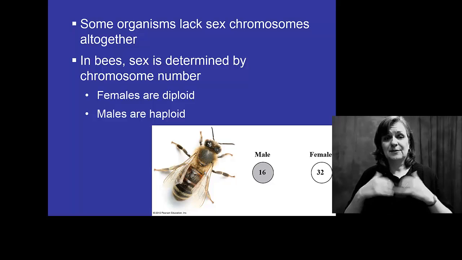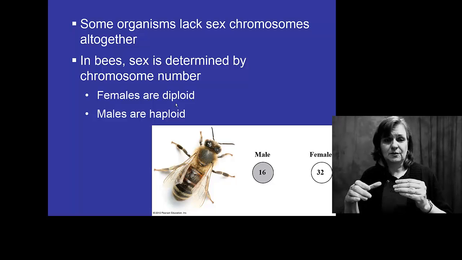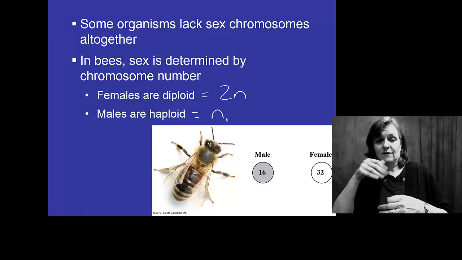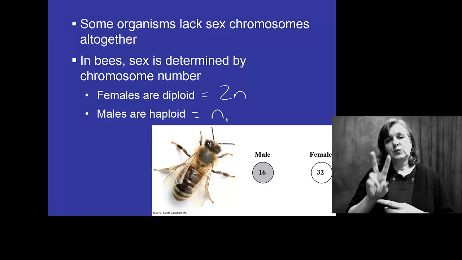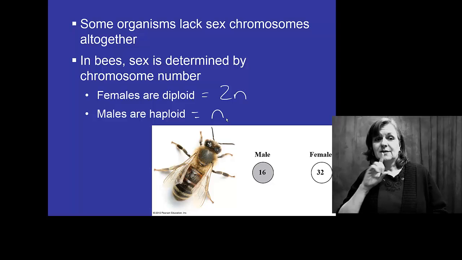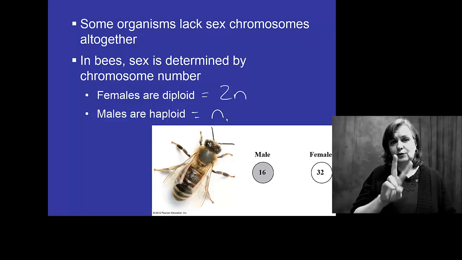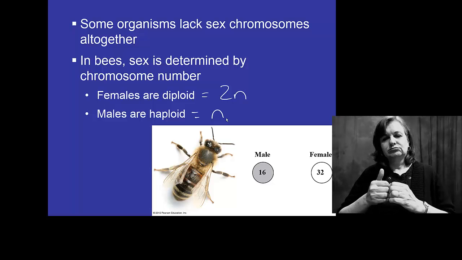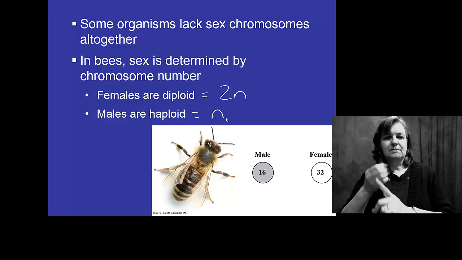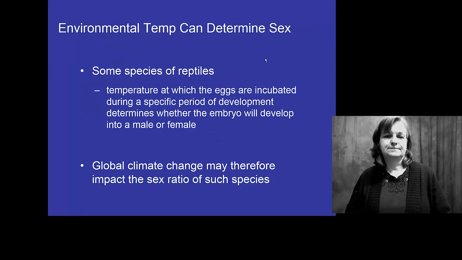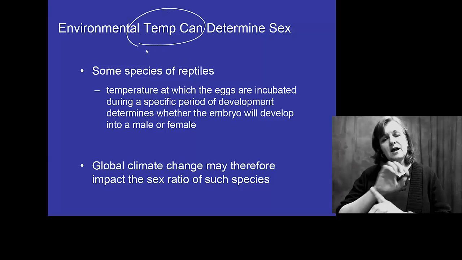In bees, sex is actually determined by chromosome numbers. So we've said before that diploid is 2N, haploid is 1N. The males are haploid, the females are diploid in bees, and a number of other insects as well. So different variations, but what I want to think about is how these sex chromosomes can be affected by the environment and by other chromosomes. So in the environment, we can actually look at sex determination by temperature.